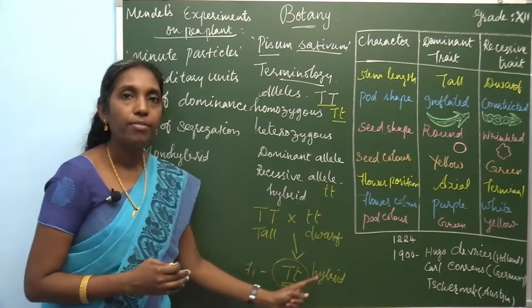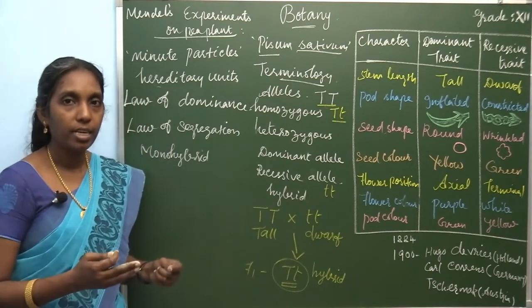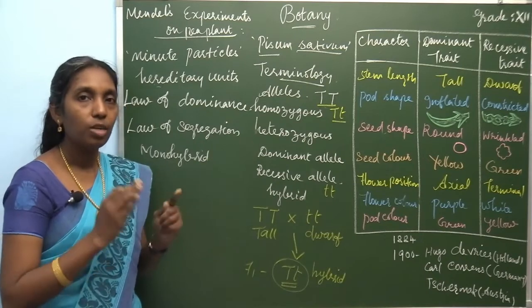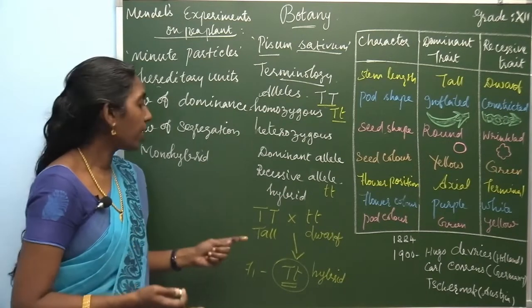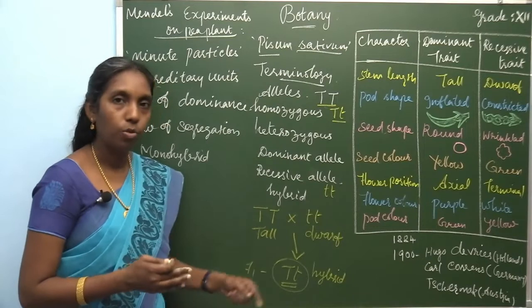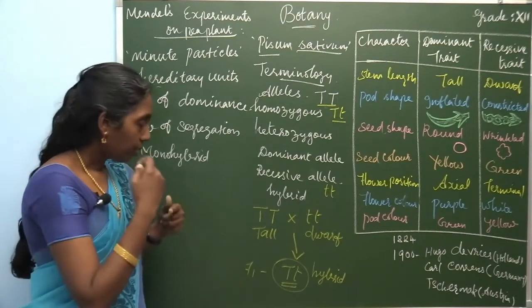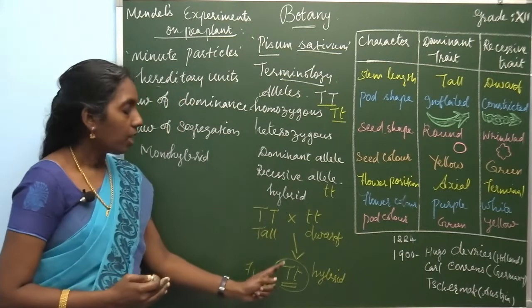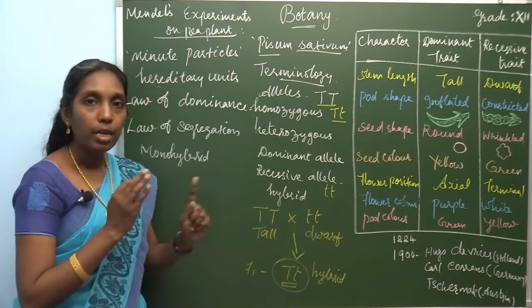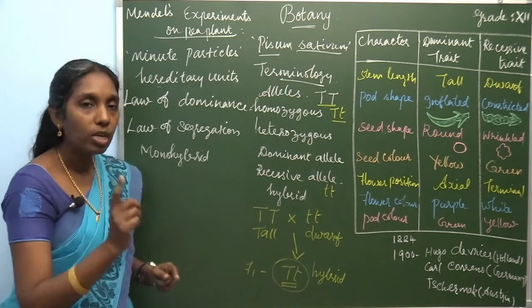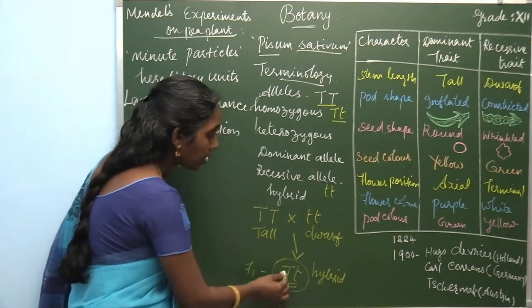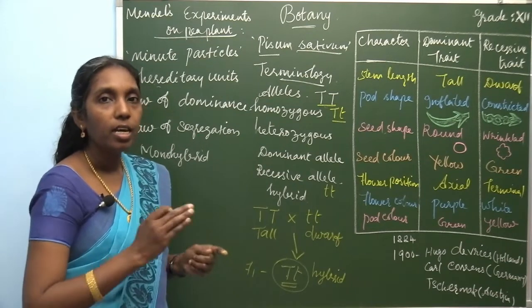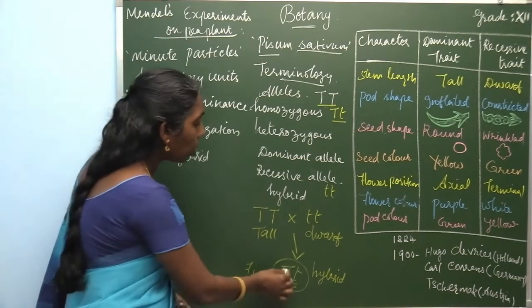In law of dominance, which explains that when you are crossing two contrasting characters, two different characters, contrast means different character. This is tall character and dwarf. When you cross between these two, tall and dwarf, in F1 generation, it produces only one character. Here two alleles are present, capital T and small t, but phenotypically it expresses the tall character.